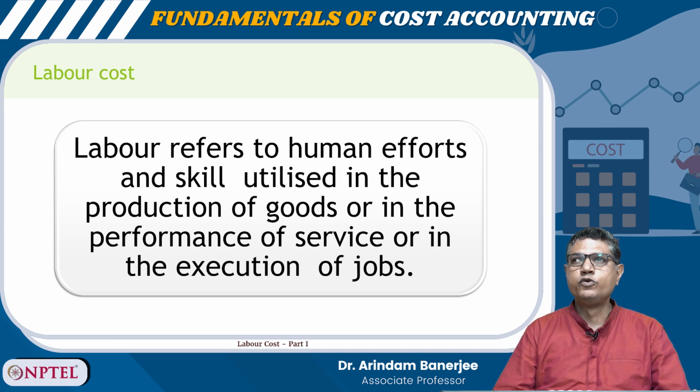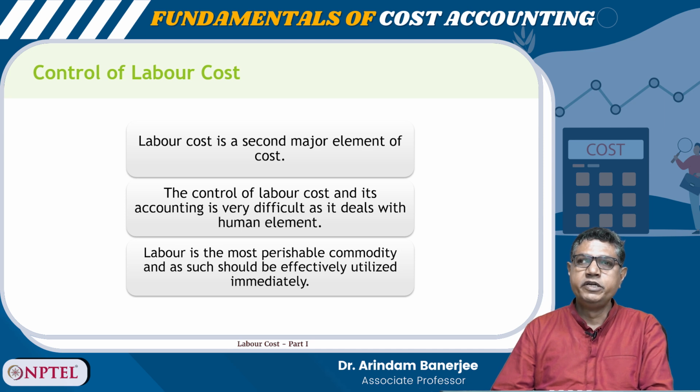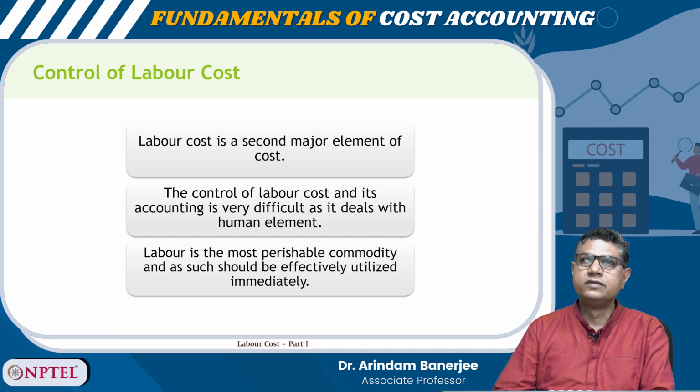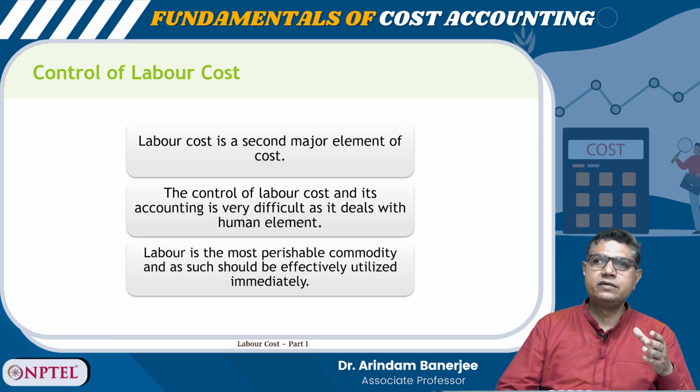Labor refers to the human efforts and skill utilized in the production of goods or in the performance of service or in the execution of jobs. So, like any other cost component, we also need to control the labor cost. So, this is the second major element of cost. First major element is of course material, and the second major element of cost is the labor.